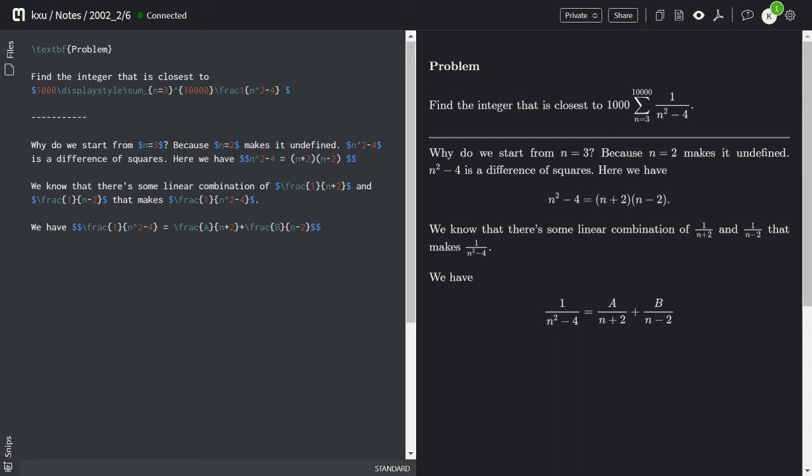Now here you may be wondering, wait, Kevin, why are you using a and b? A and b don't have to be constants, they can be polynomials as well. Well, yeah, you would be right. And maybe you didn't ask that question, but anyways, in this case specifically, a and b have to be constants.